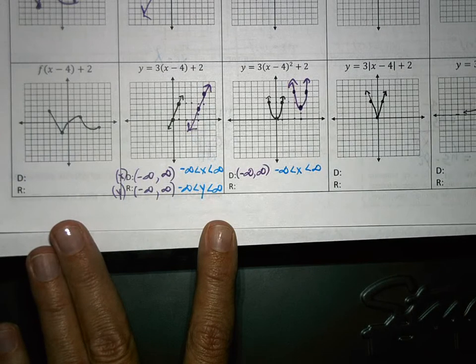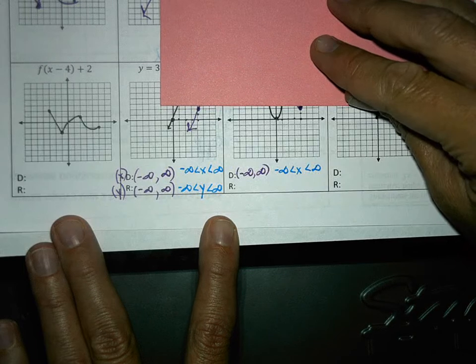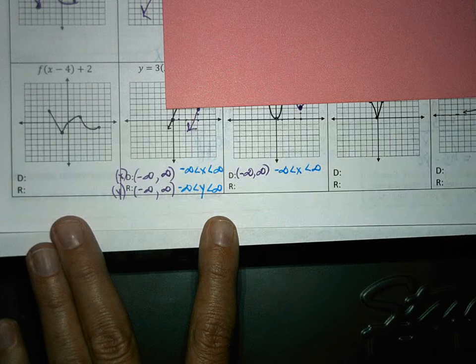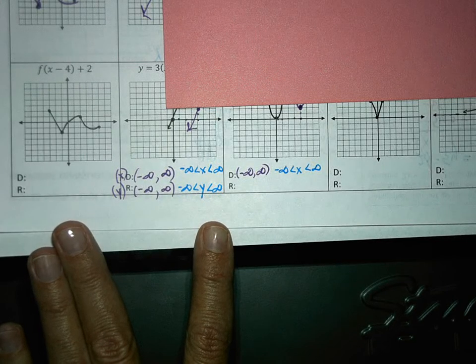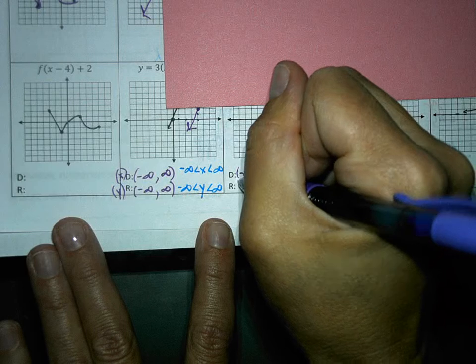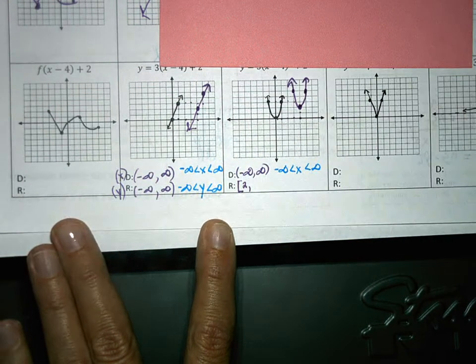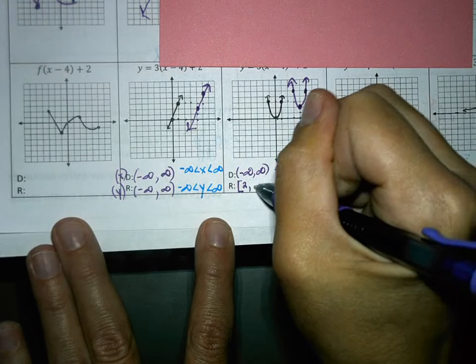Range, starting at the bottom of the graph, what is that starting point? 2 is correct. And will I use a bracket or a parenthesis? A bracket. And why am I using a bracket? Very, very good. Closed circle, it is equal to 2. And then as we go up, there's arrows pointing up, so that means it goes to positive infinity. And do I use a bracket or a parenthesis?